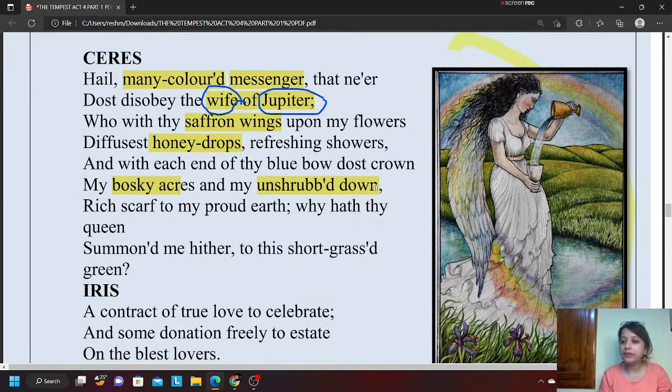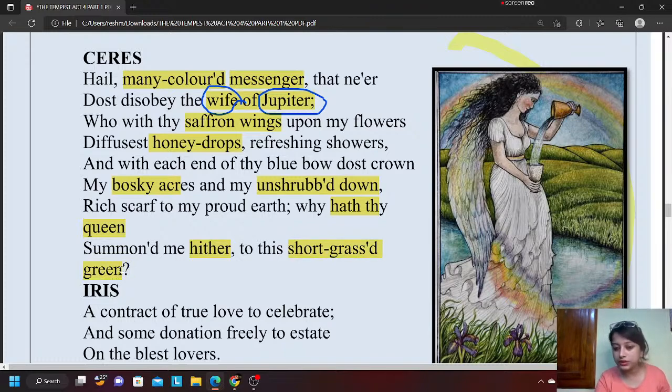So rainbow goddess, you always beautify my land, rich scarf to my proud earth. It is a very beautiful scarf around my beautiful earth. So I always welcome you. Now she's asking, why has your queen, that means Juno, summoned me hither? Why am I called here? To this short grassed green, that means to this land, to this plot.